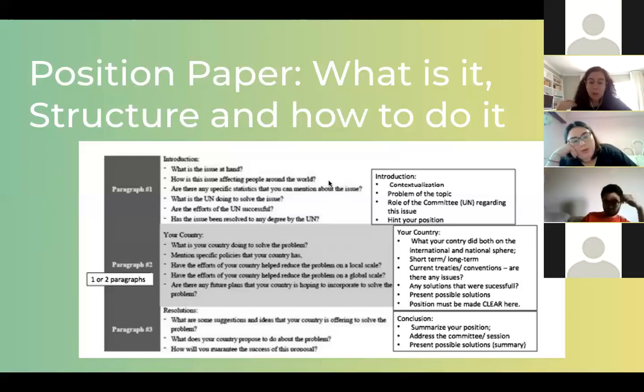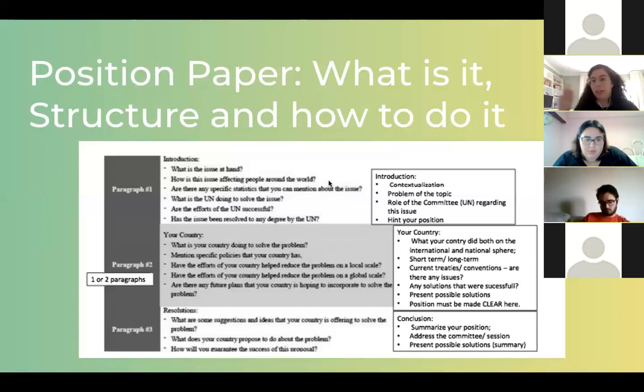Then you pass to resolutions, which are: you hinted your position, you developed your position, and now it's time to close that cycle with a summary of your position. So if it's about gender-based violence, come back. If you're totally against, you can talk a little bit about how you were against in the first paragraph.